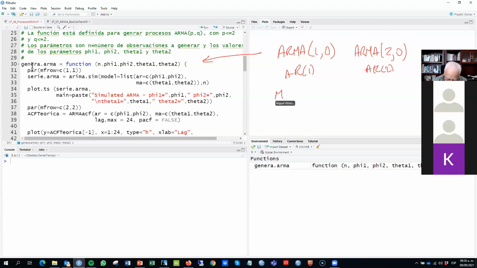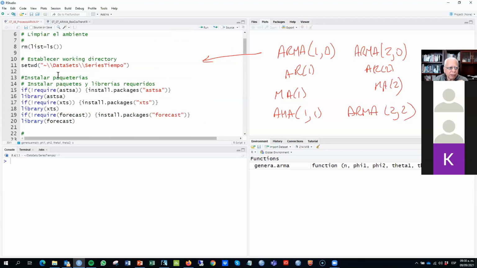I can generate MA1, MA2, and I can generate ARMA(1,1) or ARMA(2,2). Of course, the function can be extended to generate data for other models like an ARMA(3,3). This is just limited to a second order autoregressive polynomial and a second order moving average polynomial.